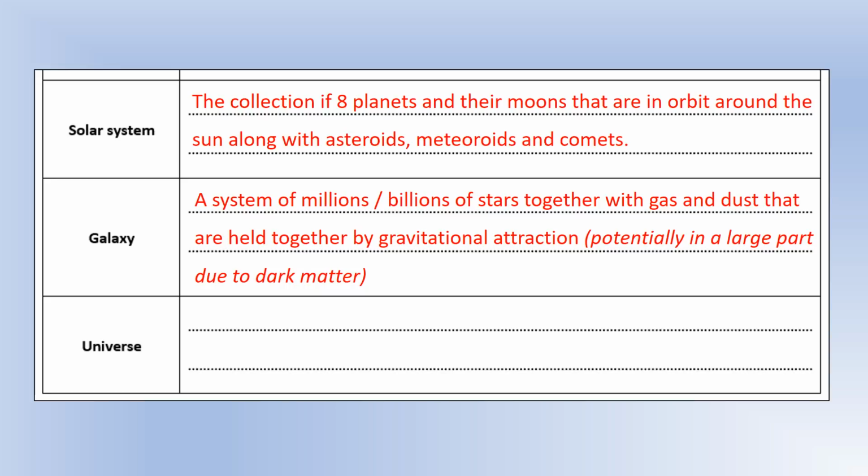We also use the concept of dark matter to explain how they are held together, because the gravity of visible matter is not enough. And finally, on the largest possible scale, the universe is all existing matter and the space in which it is contained. So the universe is everything that exists, essentially.